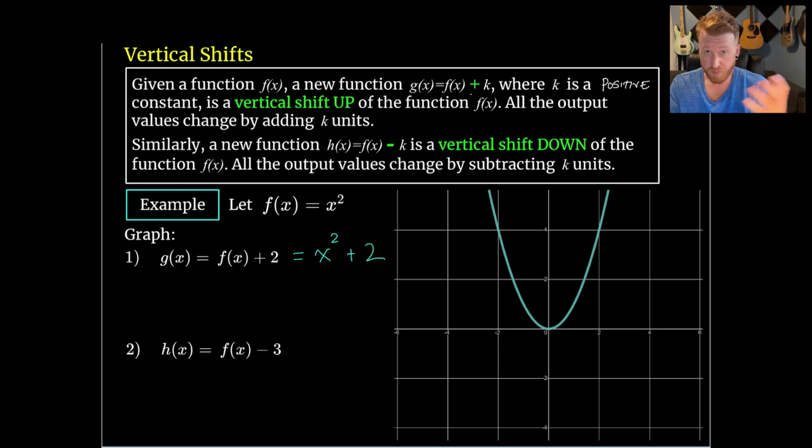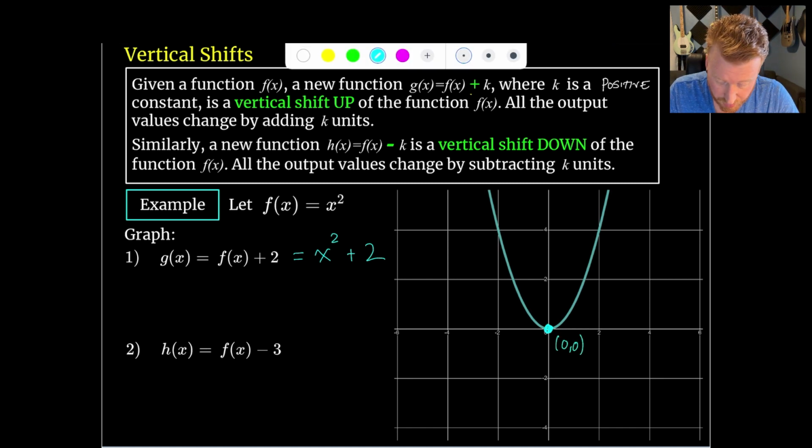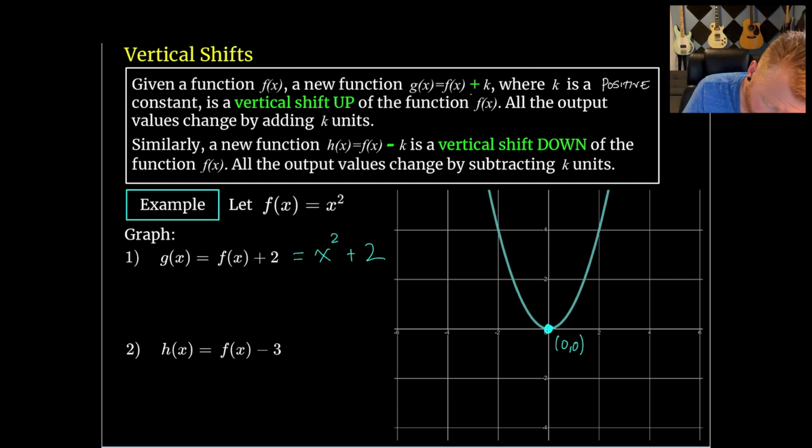So let's look at a couple of points here and see if we can follow them around the graph. I'll start by looking at the point 0, 0. We know that the input is 0, the output is 0. So if we take a look at g of 0, my input will be 0. What will my output be? Hopefully it makes sense that it should be 2, because we're going to start at the output of 0 and add 2 to it.